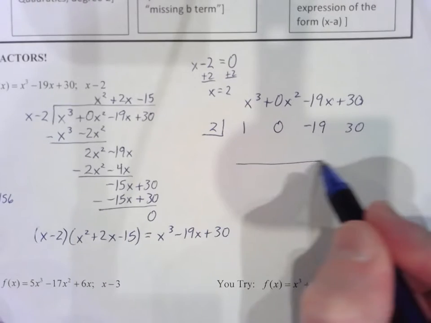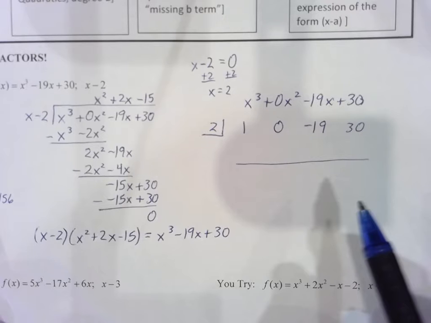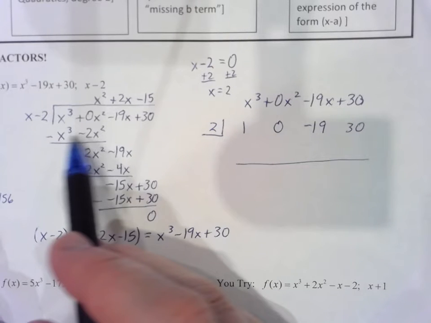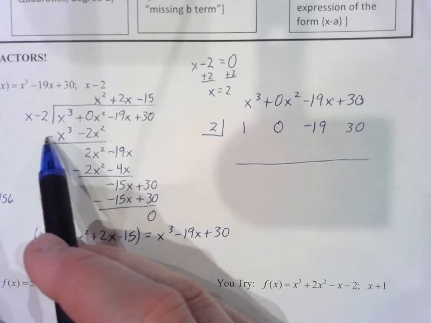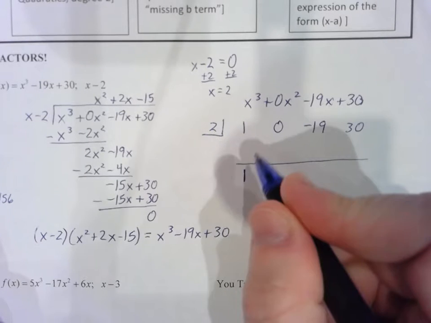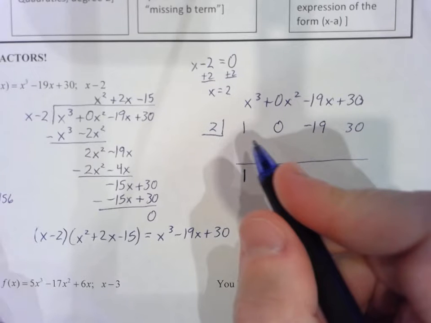Now, synthetic division, instead of subtracting a negative, we're going to be adding. So we took care of that minus sign by changing this to addition. And so 1 doesn't have anything to add to it, so we just bring down the 1, or 1 plus 0 if you prefer.